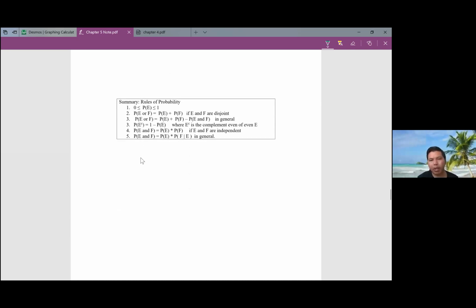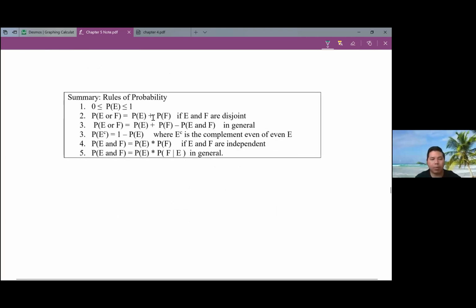So in summary, the rules of probabilities one more time. Any probability will be bounded between 0 and 1 inclusive, and P of E or F will be P of E plus P of F if they are disjoint. Remind ourselves again, disjoint means that they share nothing. If they share something, then you need to take away what they share with each other.